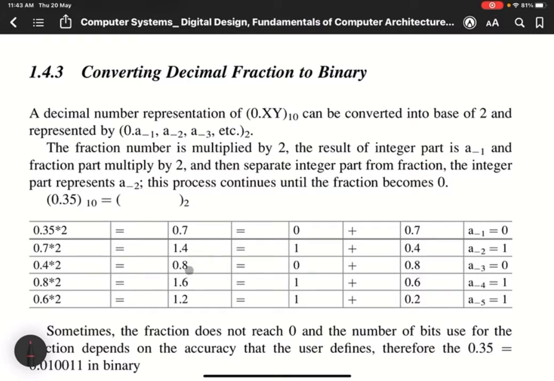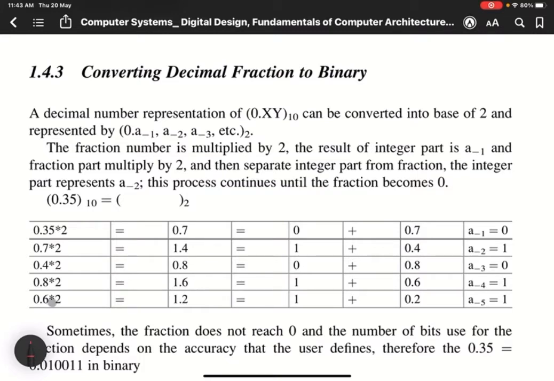So it will give us 0.8. So there is no whole number, which means no carry over, so we put 0. Then we multiply the decimal 0.8 times 2, and it will give us 1.6. So there is a carry over, so we put 1.